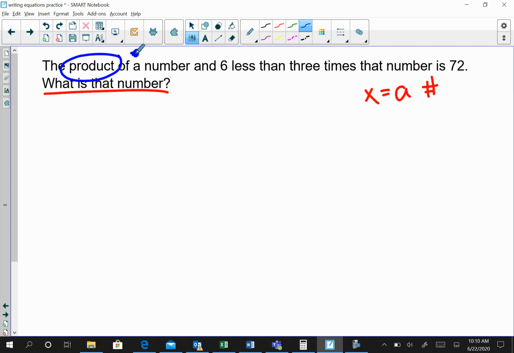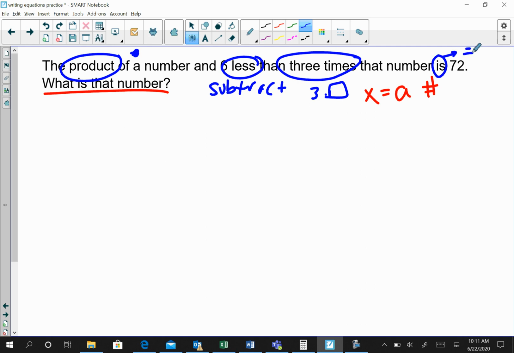And 6 less than, the word less means subtract. And then 3 times that number, that's 3 times a number. The word is means equals 72.